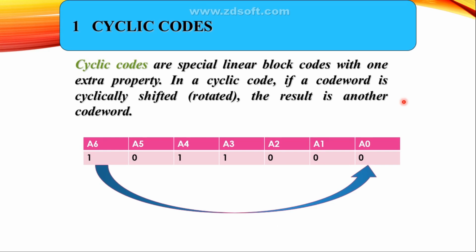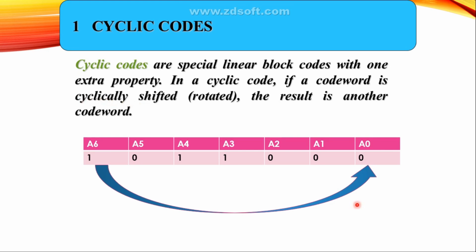Cyclic codes are special linear block codes with one extra property. In a cyclic code, if a code word is cyclically shifted or rotated, the result is another code word.